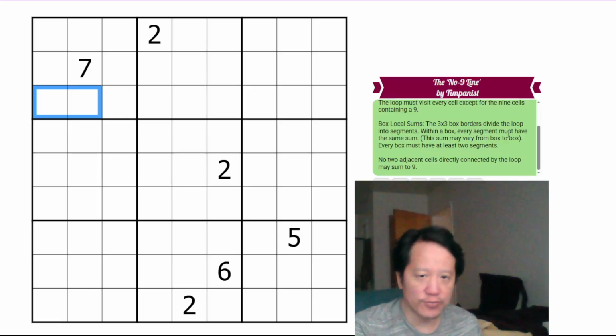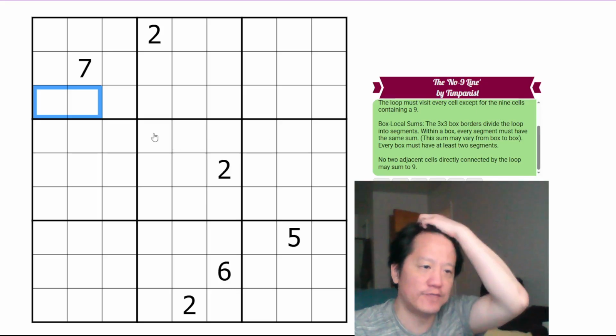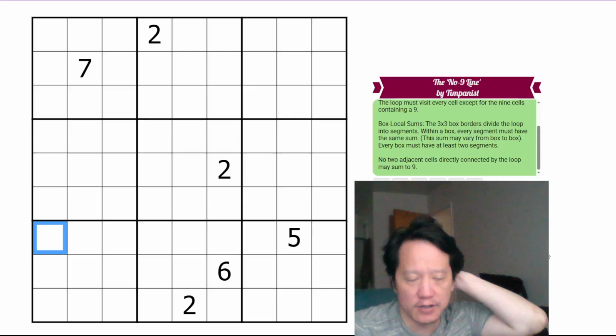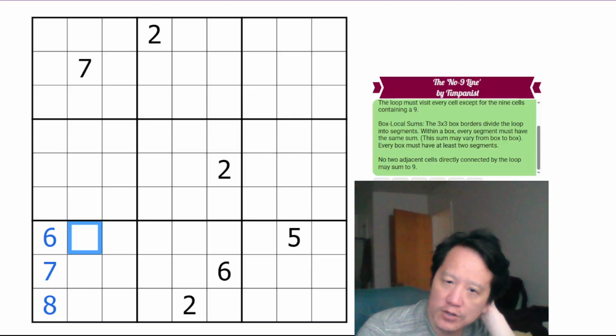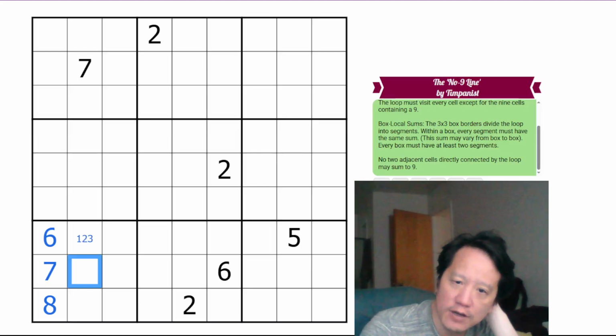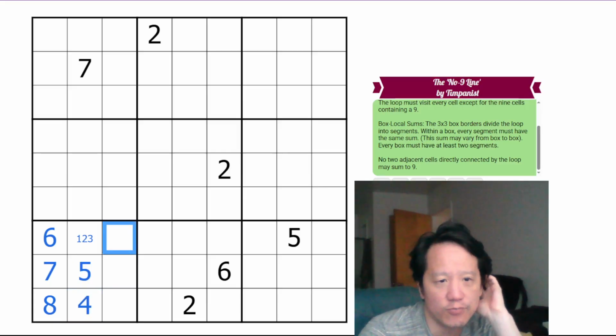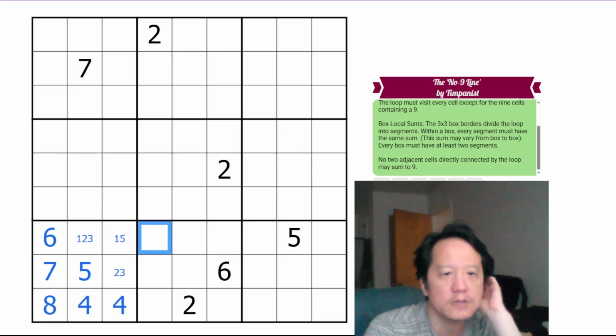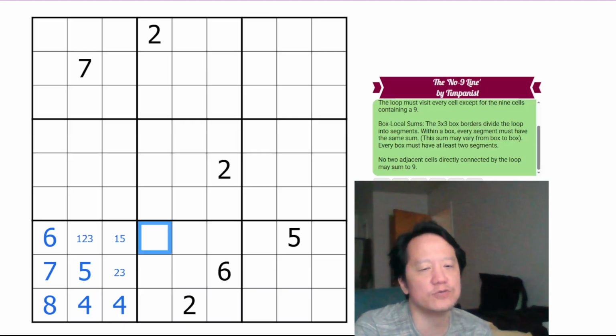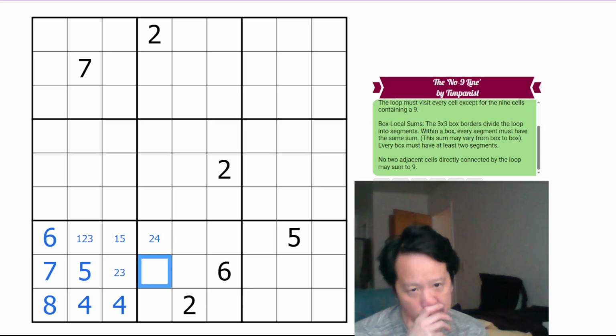So dividing into 3 segments, where are the 6, 7, and 8 going to be? So say you have 1, 2, 3. That works. Then you have 5 be with the 7 and 4 be with the 8. That works. You have 1 and 5 be with the 6. Which means you have to have 2 and 3 be with the 7. Which means you have to have 4 be with the 8. And then you have 2 and 4 as a possibility.